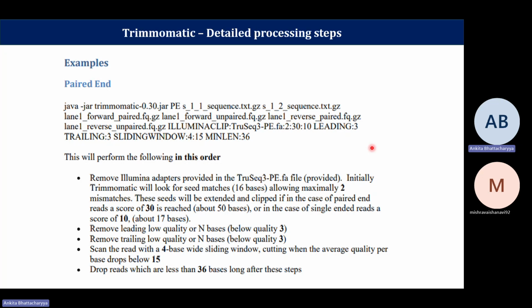This is the command you need to follow, and the order in which you write the command really matters because that is how the tool will actually read it. So you have to maintain that order, and preferentially you can get this format directly from the Trimmomatic website as well, where they show how you need to analyze your data based on whether it is a single end or a paired end data set.